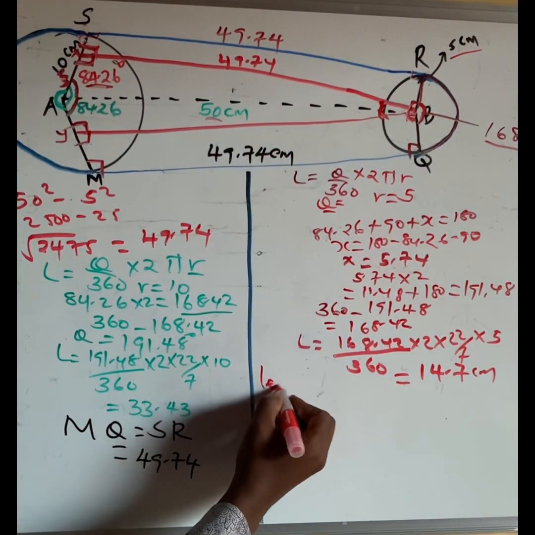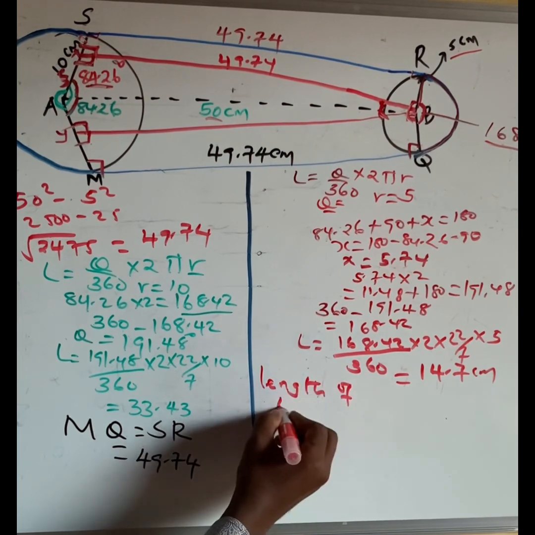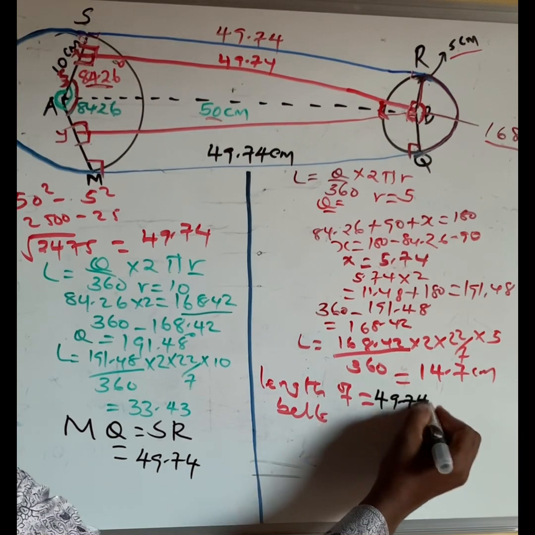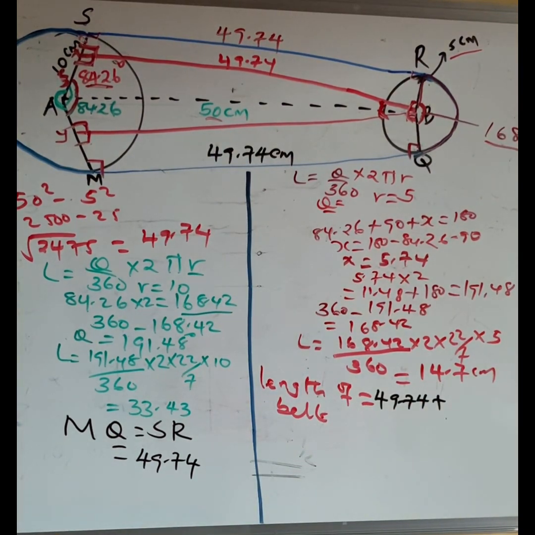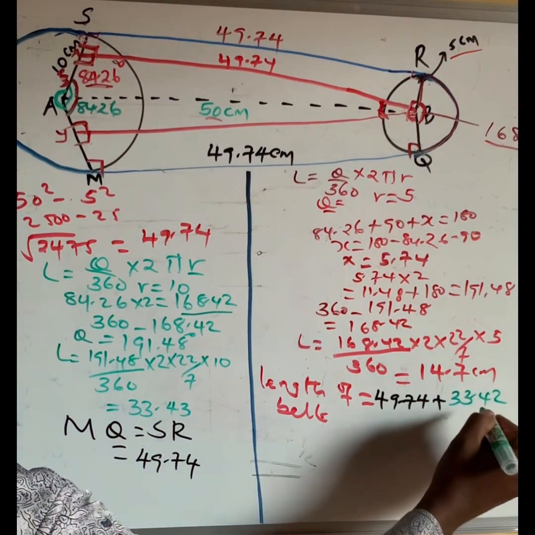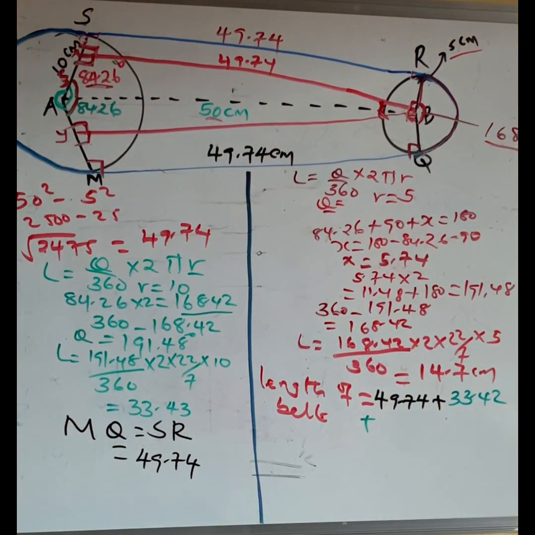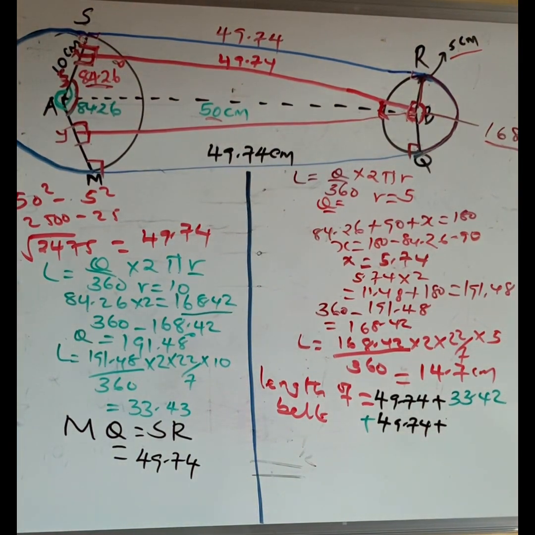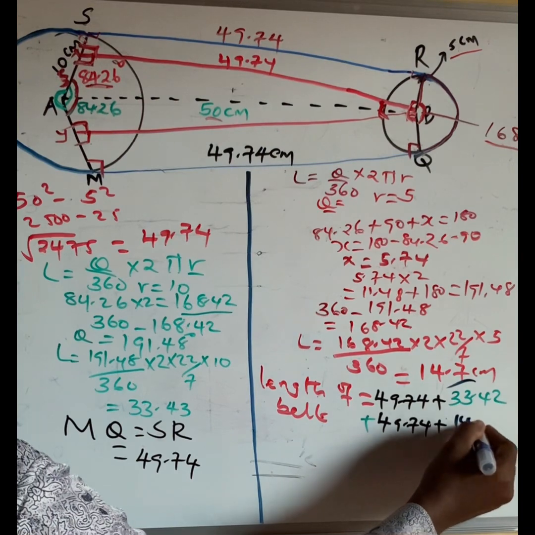So the length of the belt is equal to the length of SR, 49.74, plus the length of the arc SM, which is 33.43, plus the length of MQ, which is another tangent, 49.74, plus finally the length of the arc RQ, which is the final one, 14.7.